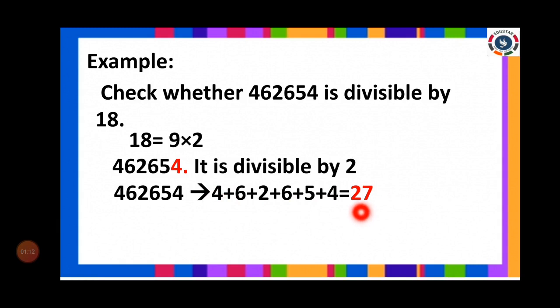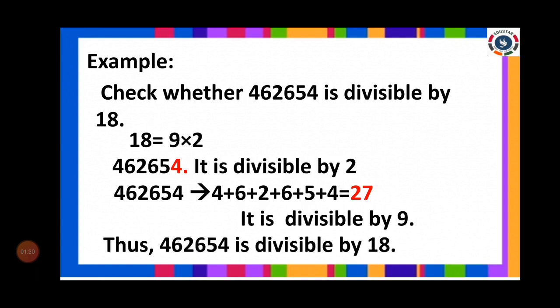Which number do we multiply by 9 to get 27? 3. 9 3s are 27 or 3 9s are 27. So it is divisible by 9 also. Both are possible, so 18 is also possible. So since it is divisible by both 9 and 2, hence 4,62,654 is divisible by 18.